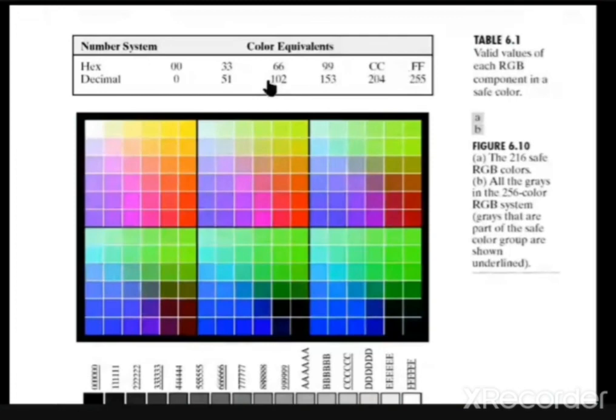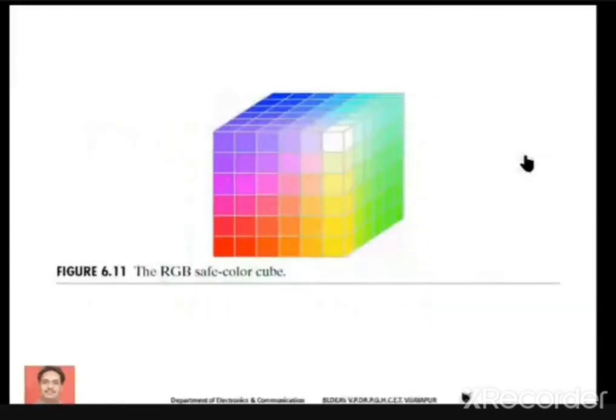So it leads to 6 raised to 3 color combinations, which is equal to 216. 216 plus 40, we get 256 colors. These 256 colors are called safe RGB colors. So this is the cube generated by using safe RGB colors, that is, 256 colors.